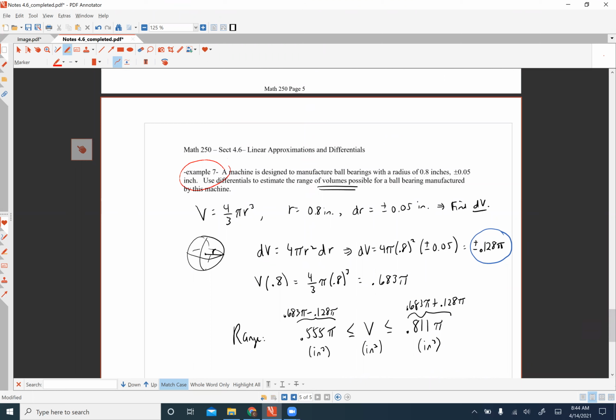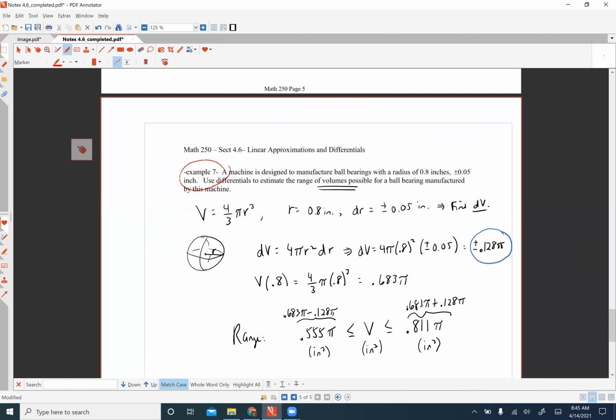This might be one of my favorite problems so far in the whole course. A machine is designed to manufacture ball bearings, which are little metal round things, with a radius of 0.8 inches. But the machine is not perfect.